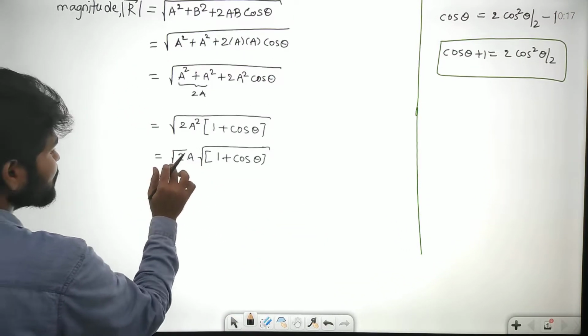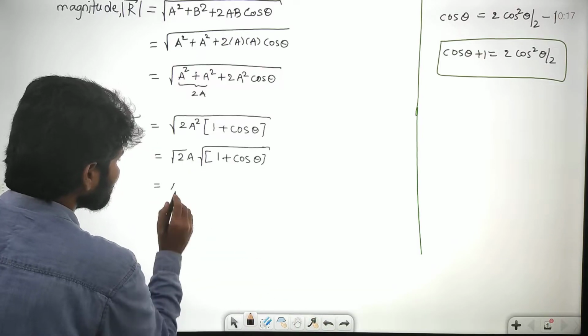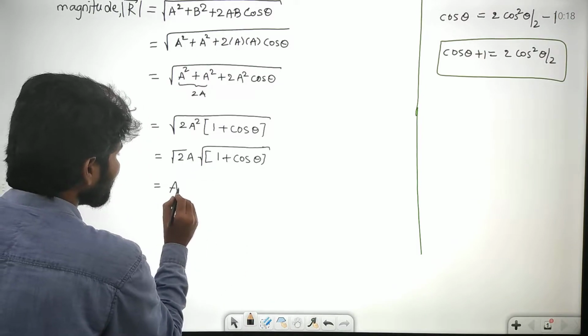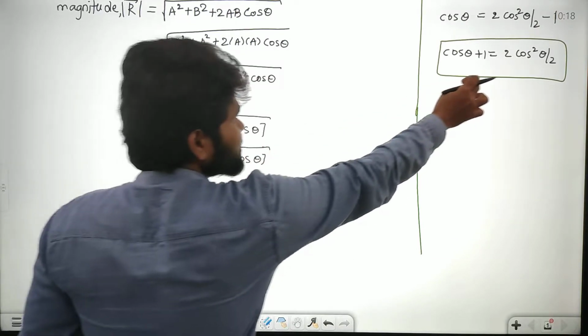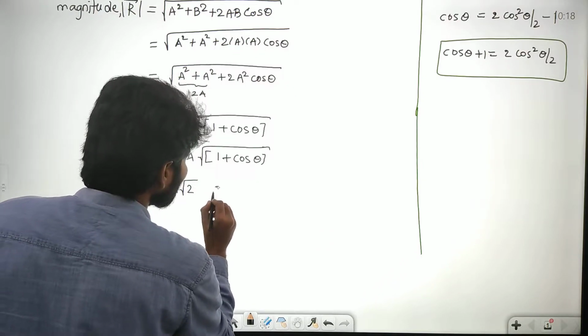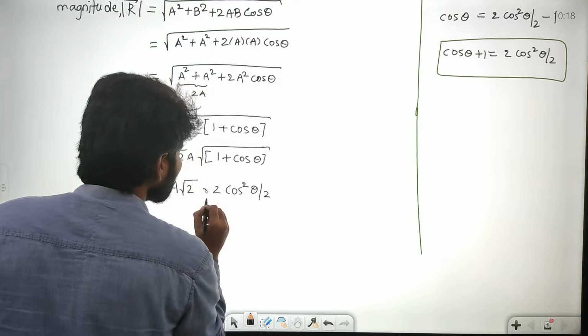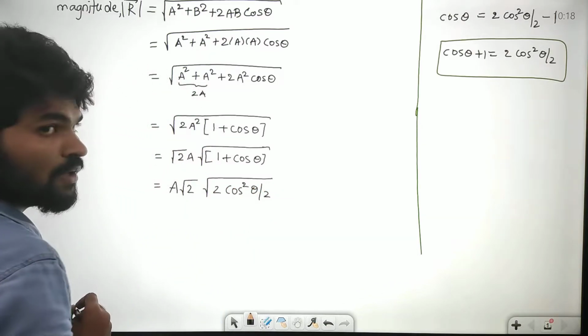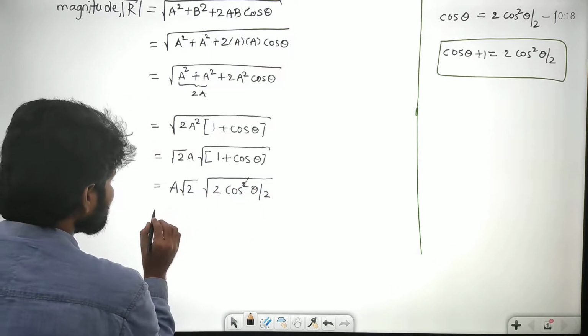See here, this is A, right? This is A root 2 times 1 plus cos theta, which is nothing but 2 cos square theta by 2, whole root. Right? So the root cancels, and this is square root 2.